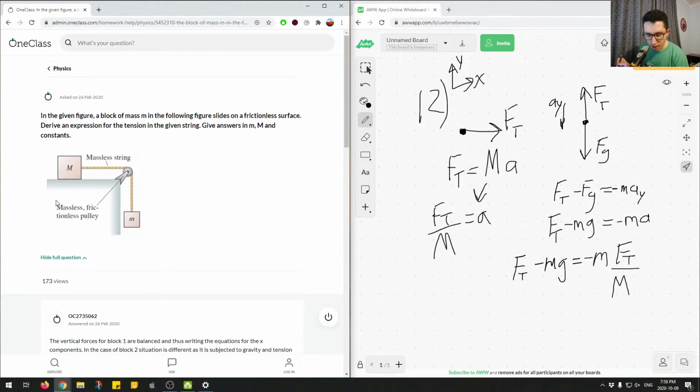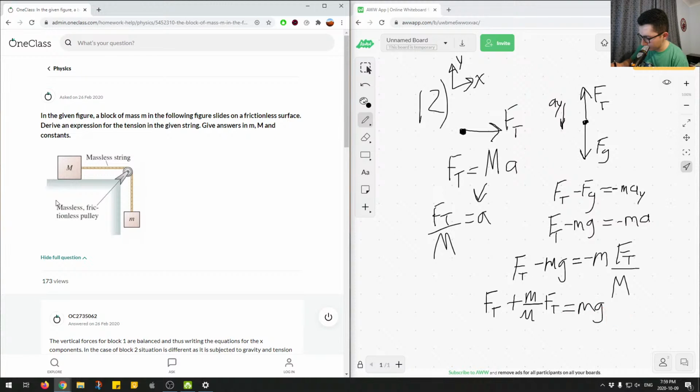So we'll bring the Ft components to the left side, and we'll take everything else to the right side. So we'll have Ft plus, so we have this part, we're going to move it to the left side, so plus m over M Ft will equal, so we'll move mg to the right side, mg.